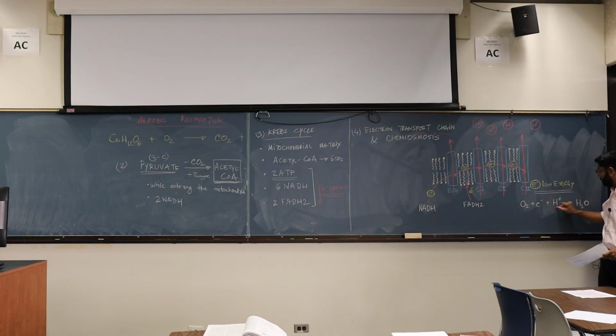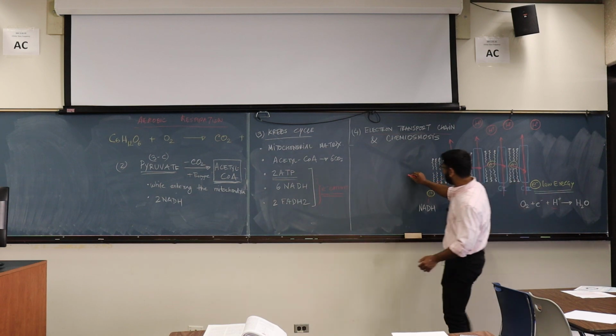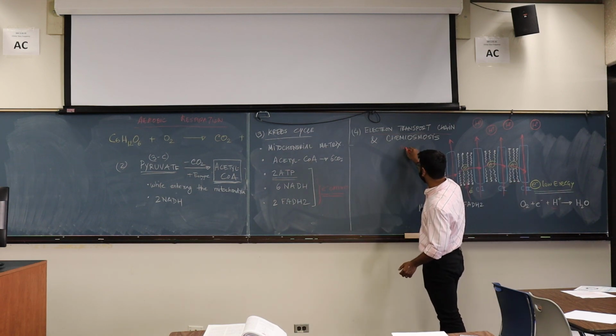Also, you will see a lot of the protons getting consumed in here. So what do you think is happening? Is there a proton gradient? If there is a proton gradient, where do you have a lot of the protons? Inside of the cell or outside of the cell? So this is the outside of the cell. So this is outside.